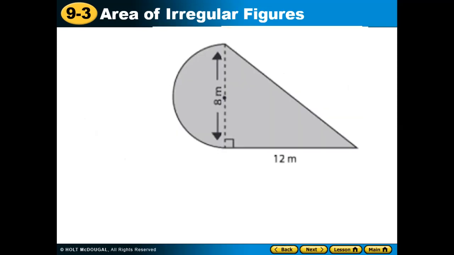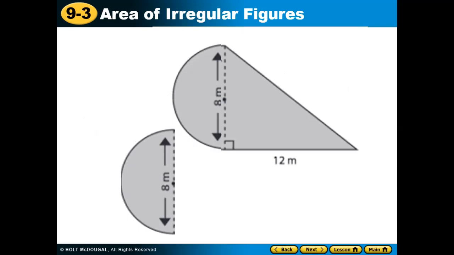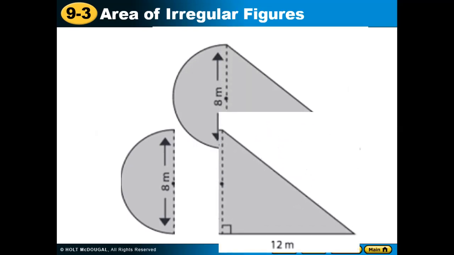This is an irregular figure. Here we can see regular figures which we learned before. Yes, we can see a semicircle, and we can see also a triangle, right?